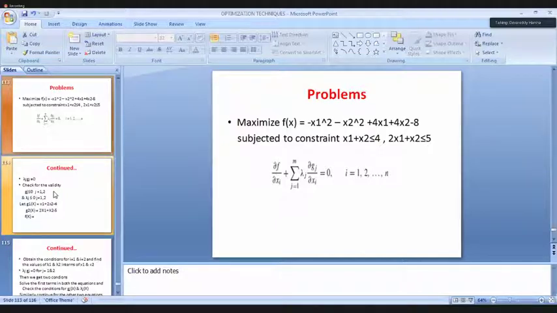Did you take that question completely? Subject to constraints. Which constraints are they, equality or inequality? Inequality. I gave inequality constraints, because we have not solved a problem on inequality constraints till now.